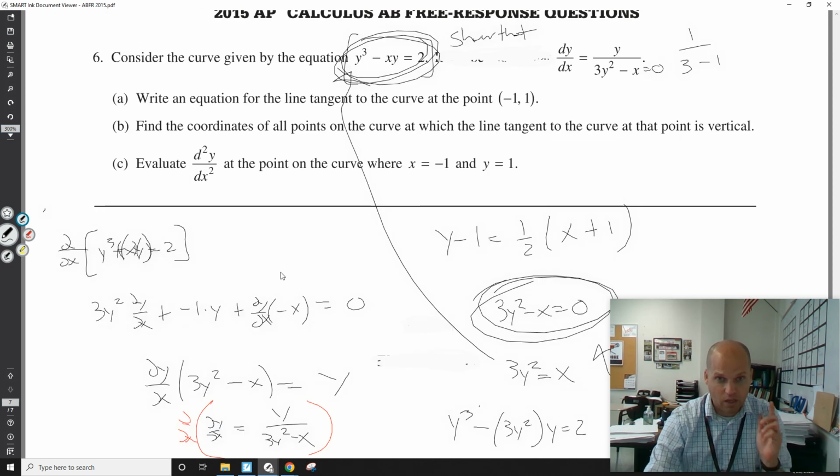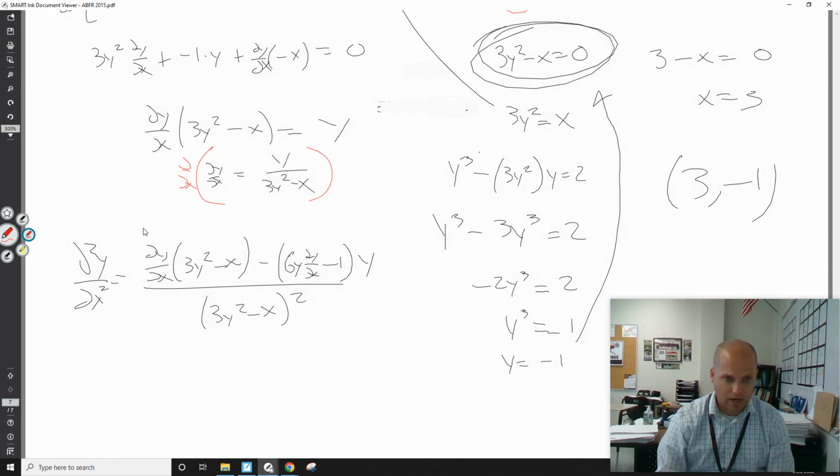We're plugging in negative 1, 1. We've already plugged in negative 1, 1 for part A, and we got a half. Don't forget that. This was dy dx at negative 1, 1. So dy dx at negative 1, 1, I need to put a half right there.